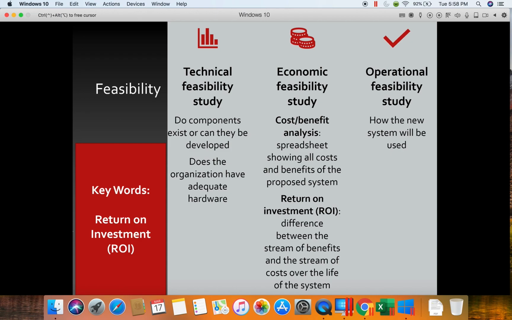With operational feasibility, we have to look at, will this new system be used? I can remember one time I was at a client. Their accounting system was very out of date, and they wanted to get a new one because it was not functioning well. It was causing disruptions. It would go down and stop working.